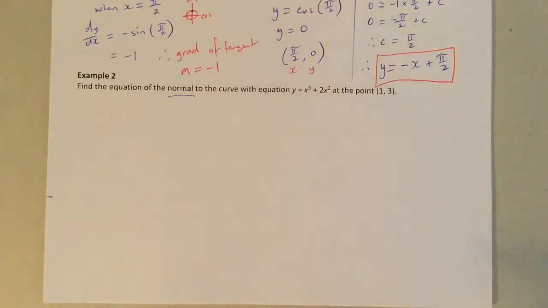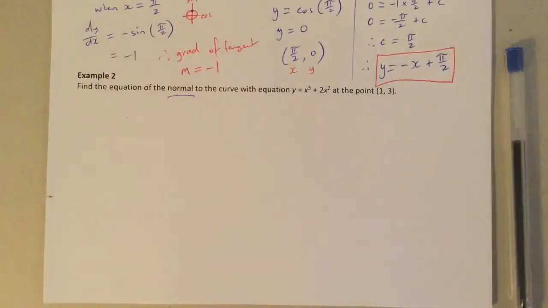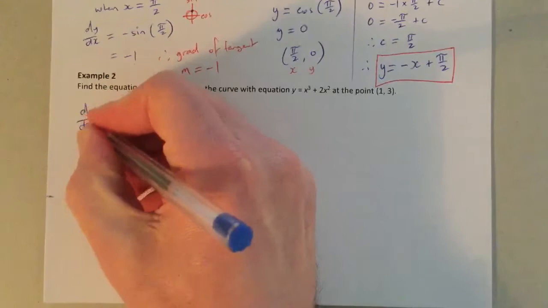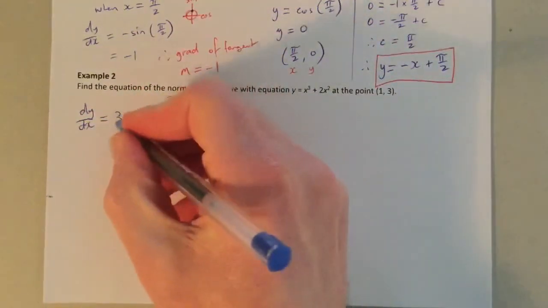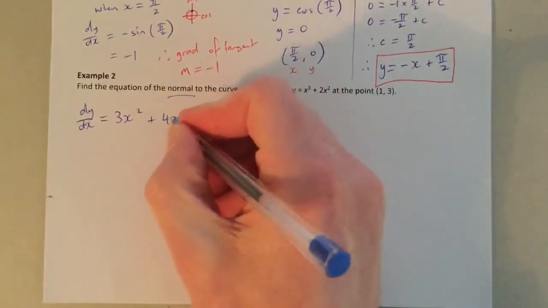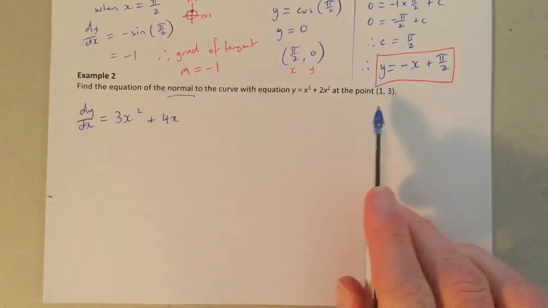But again, our first job is going to be to find the gradient. So we're going to use dy/dx. The derivative of x cubed is 3x squared. The derivative of 2x squared is 4x. And we're trying to find the gradient at the point where x equals 1.